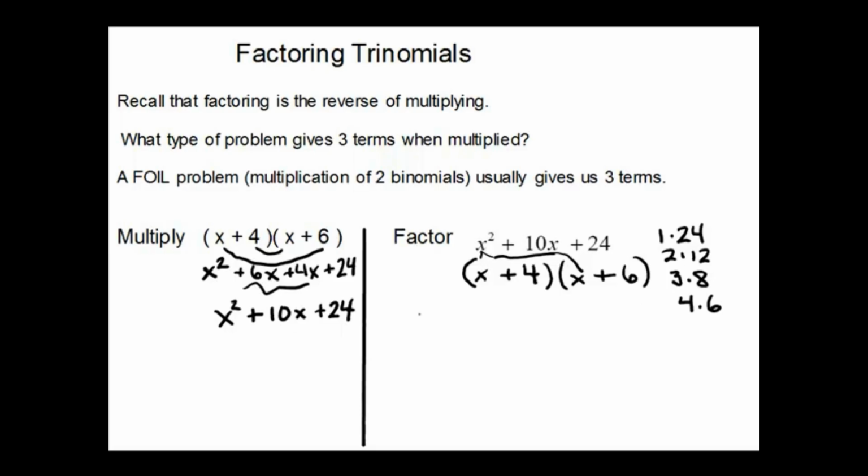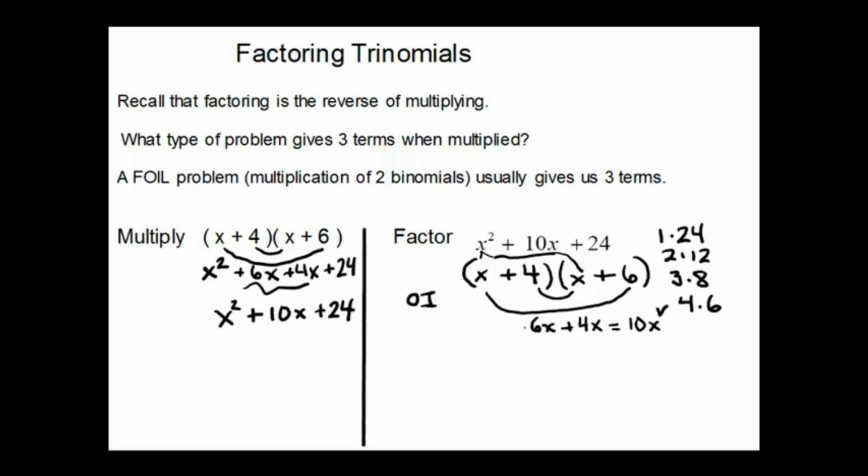And we should always do a check. You don't have to do the entire FOIL. I would just do the outside and the inside. So we're multiplying on the outside, 6x, on the inside, 4x, should combine to give our middle term, and it does.